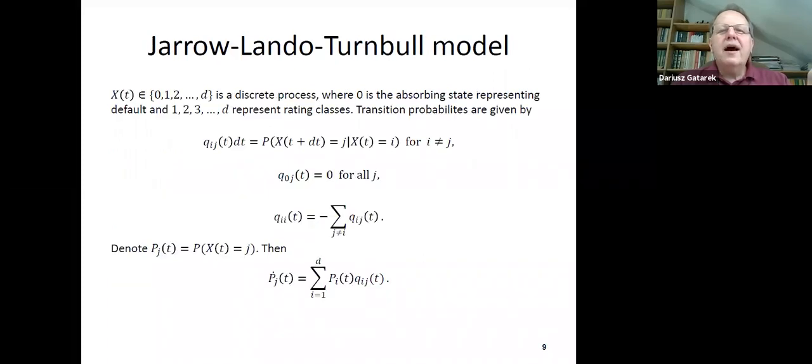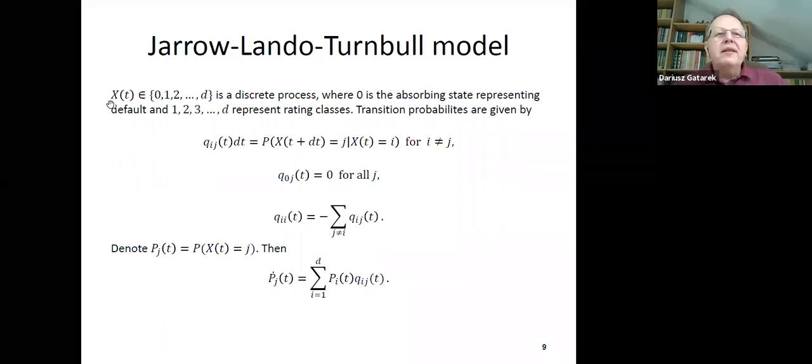Other things are more important, namely migration between rating classes. So for this purpose, we've got the Jarrow-Lando-Turnbull model.